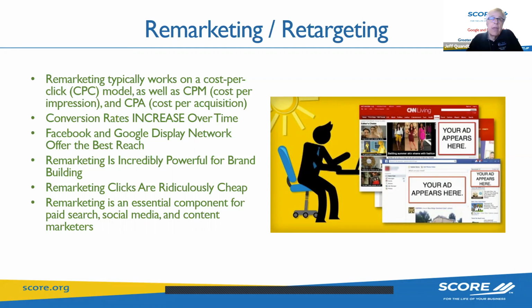And one thing about remarketing, clicks are ridiculously cheap. And when I say that, when you're actually paying for a pay-per-click campaign, for example, Omaha Plumbers or Plumbers in Omaha, you can be paying up to $50 per click to actually outbid the competition on that kind of program.